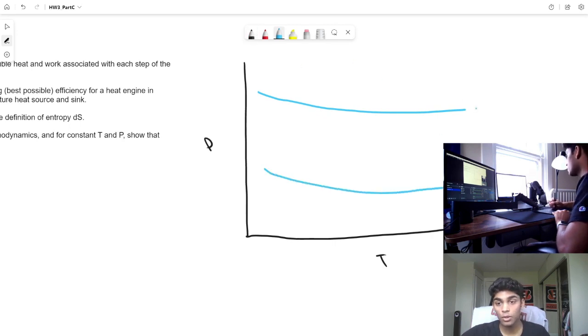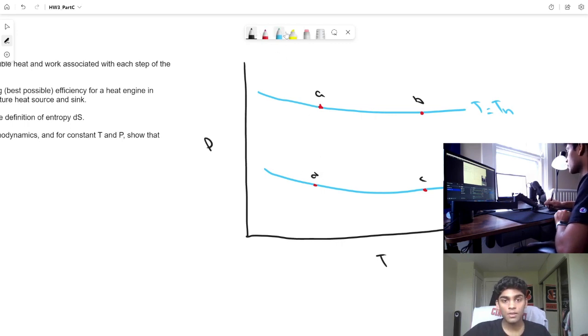We're going to call this one TH, this is the higher, hotter temperature, and this one is going to be a colder temperature, a lower temperature. Now, on our curve here, we can define 4 points, and we are going to call these A, B, C, and D.